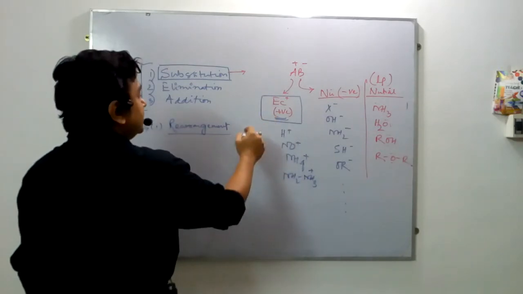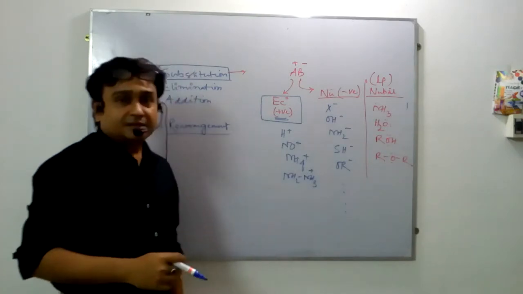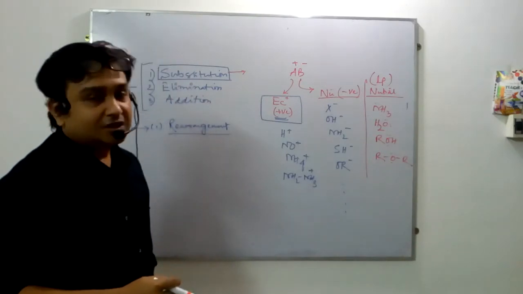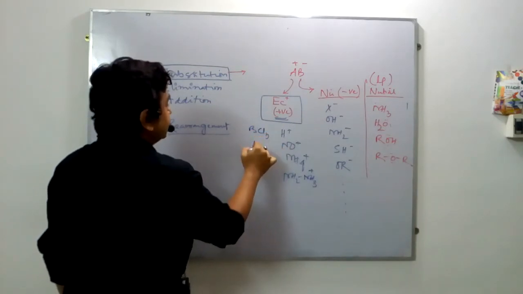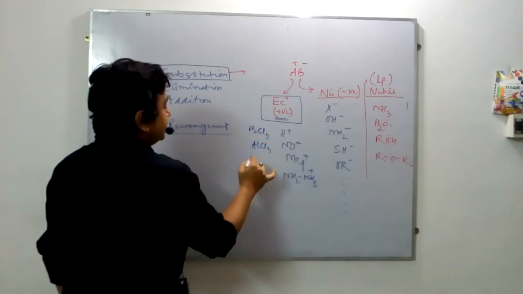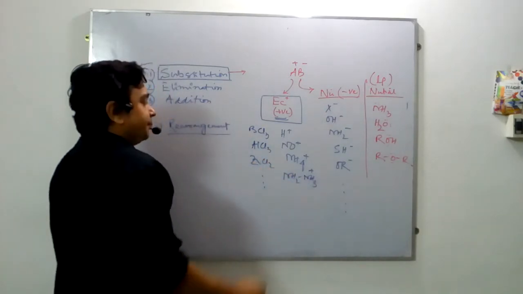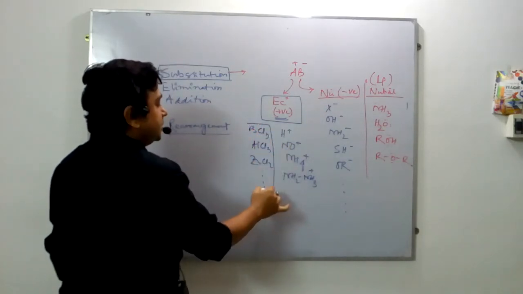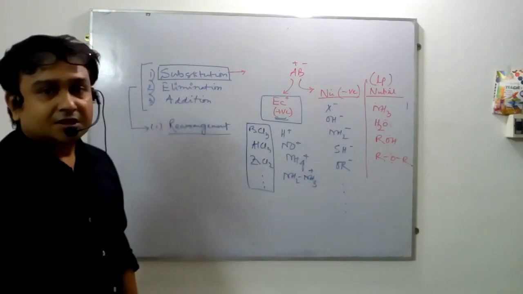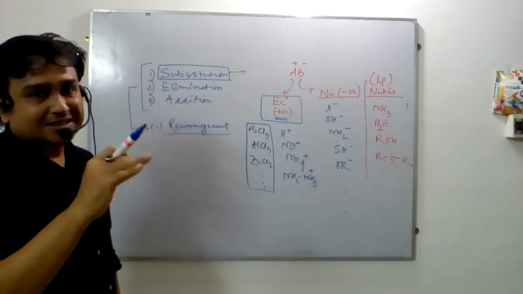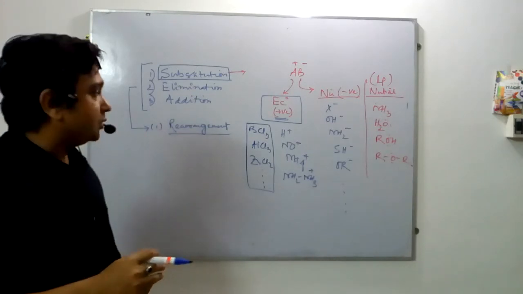Now what about the neutral electrophile? Those which have an incomplete octet are termed neutral electrophiles, such as BCl3, AlCl3, ZnCl2. So many are examples. That means they are all Lewis acids. They have an incomplete octet, less number of electrons for forming the structural bond.